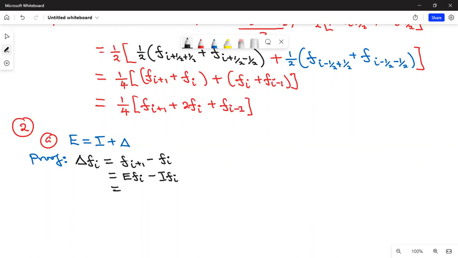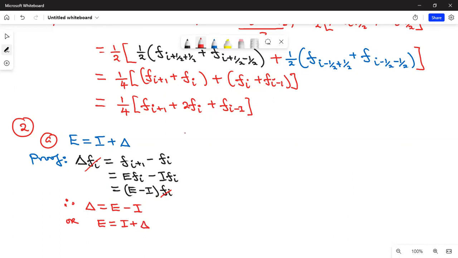And you see fi is common, so this is the same as shift minus identity, and that is operating on fi. So if you cancel this and this, you can say therefore the forward difference is the same as the shift minus identity, or make the shift the subject. So shift is equal to identity plus the forward difference.